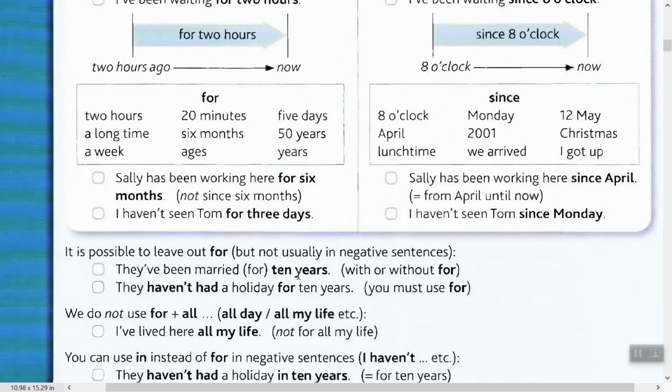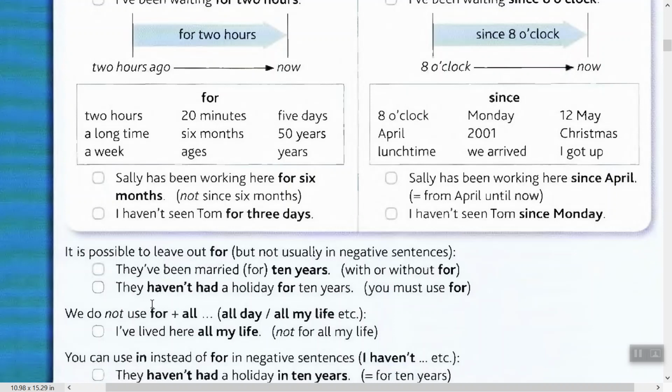You can write it as a note. Optional or obligatory? Optional. Why? Because it is positive. So it means that we can put it or we can delete it, with or without for. This is number 1.